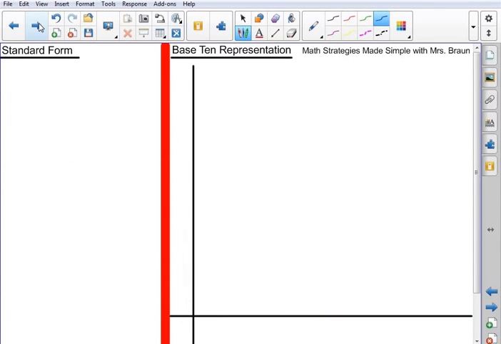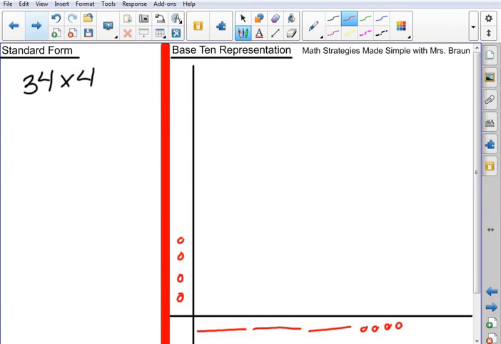Let's look at another example. Let's look at 34 times 4. Okay, again, I'm going to show both of these factors using this model down here in base 10 drawings. So 34, I've got 3 10s and 4 1s, and then I'm multiplying it by 4.